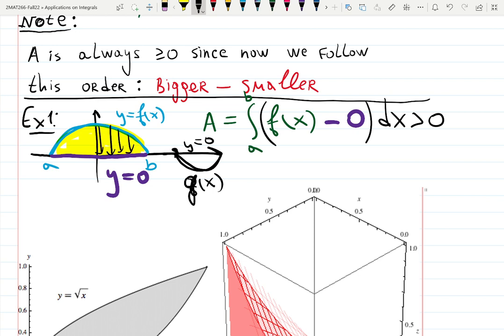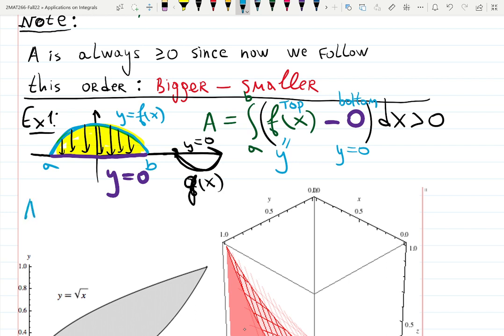And this is a more general case, which I like more, and I like to talk about more. So again, this is the function y equals 0. y equals f of x minus y equals 0. Top minus bottom. Like so. Top minus bottom. This is area between two graphs.